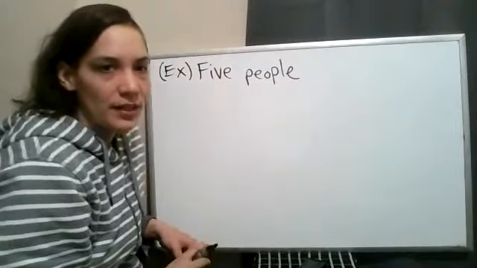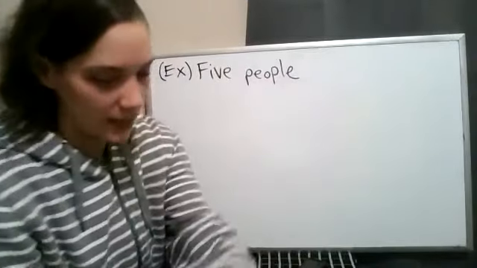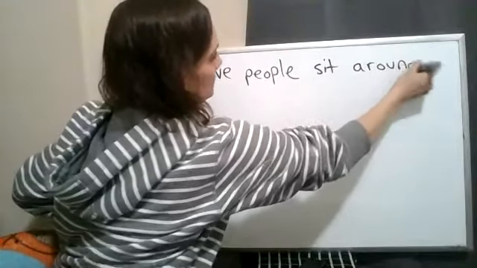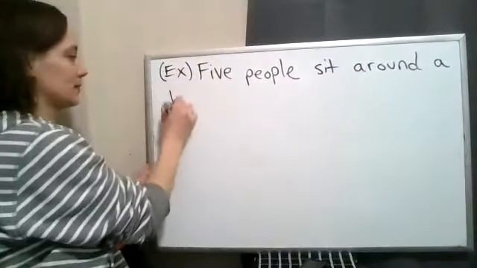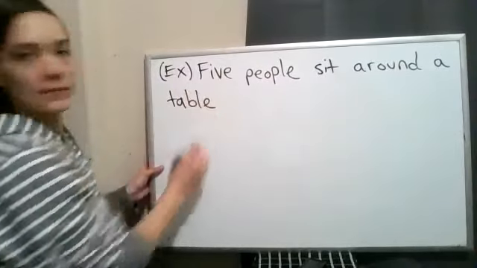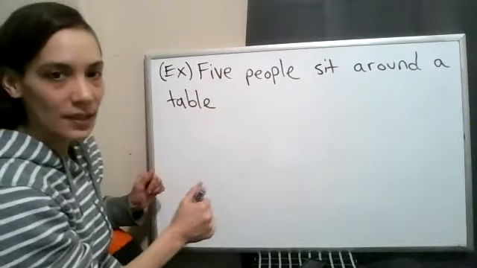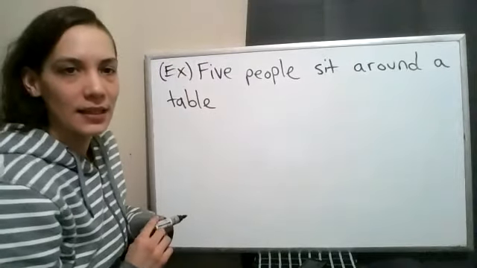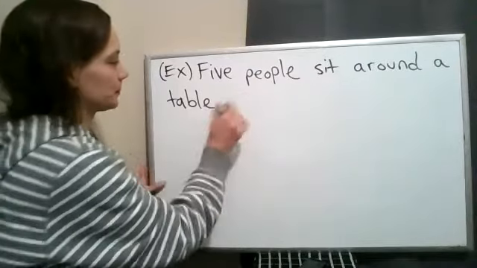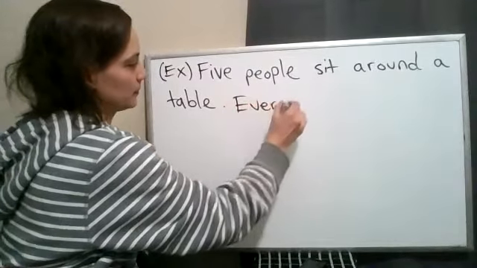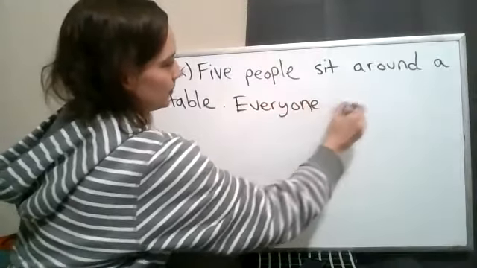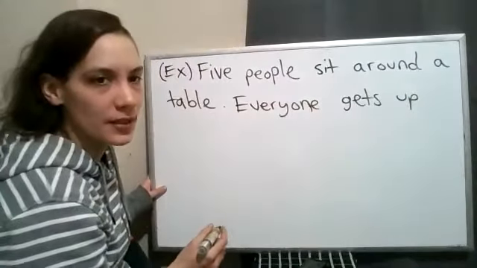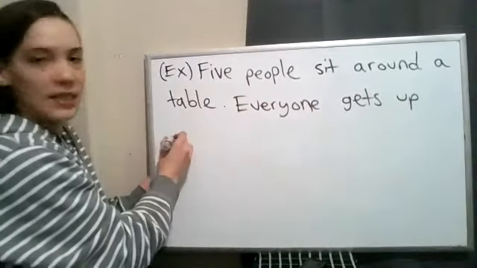Five people sit around a table. For the previous one, it was 25 handshakes occur, right? Yeah, the answer was 25. Everyone gets up. Shakes hands with everyone who didn't sit next to them.